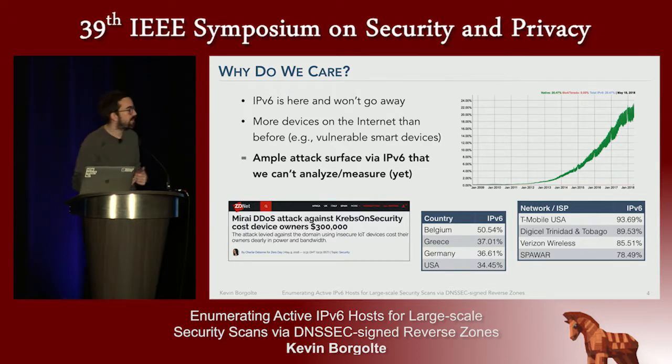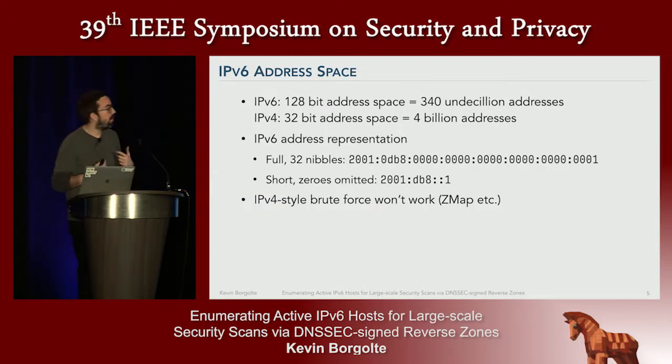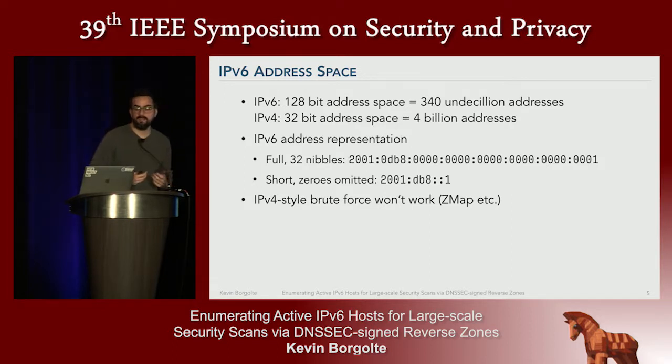The question then, of course, becomes: is there some way that we can actually look at the entire IPv6 address space? Overall, it's around 2 to the power of 96 times larger, so in comparison to IPv4 you get around 340 undecillion addresses compared to 4 billion addresses. Of course, we can't just go and ask all of these addresses whether they might be running a vulnerable version.